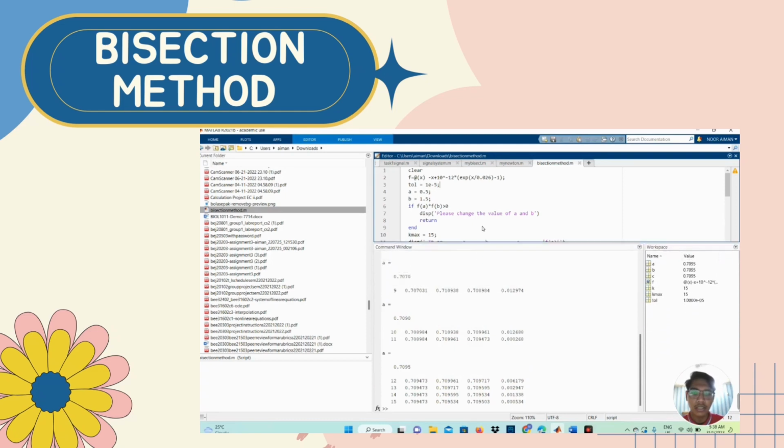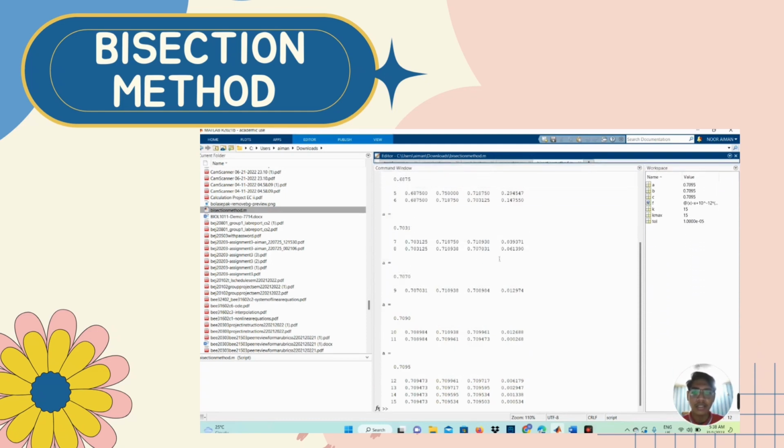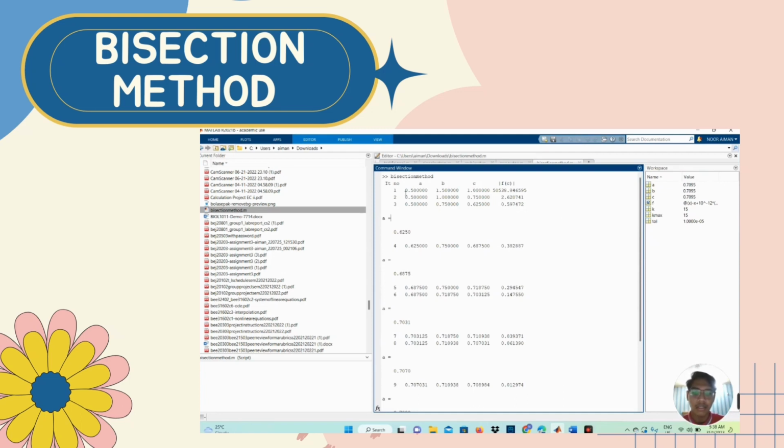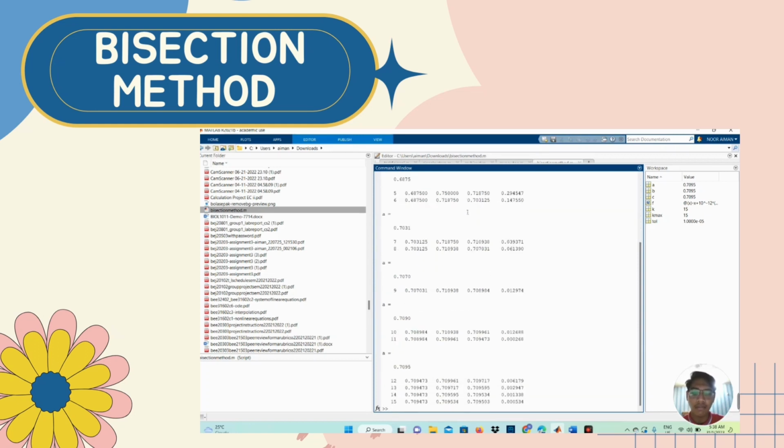The answer will appear at the command window. For the simulation, we got the answer until 15 iterations, where the absolute error or f(c) equal to 0.005, and the answer is the same as the manual calculation.